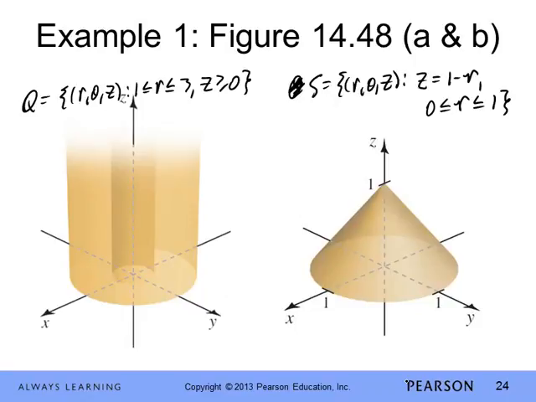So z is equal to 1 minus r. Of course, we don't want z to be negative. So when r is equal to 0, z is equal to 1. When r is equal to 1 out here, then z is equal to 0.